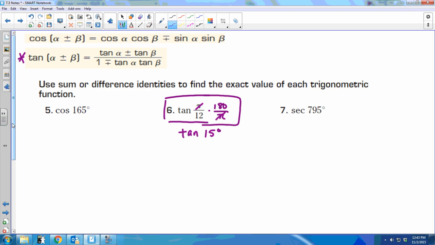Whoever speaks first, that's what we're using. 15 is not on the unit circle. 45 and 30. Perfect. Again, this is not the only way you could do it.